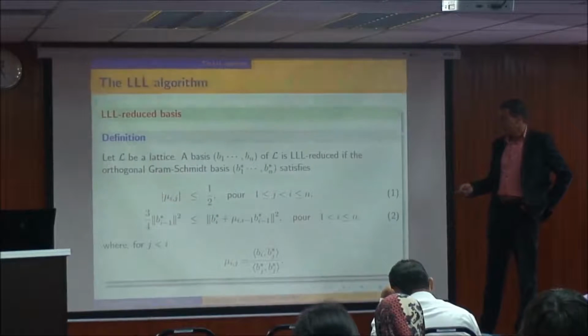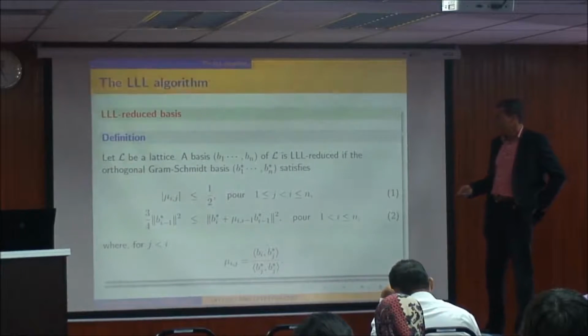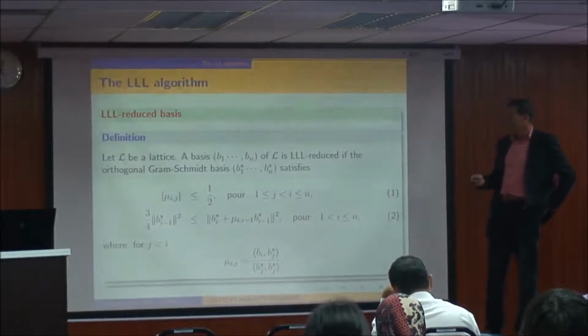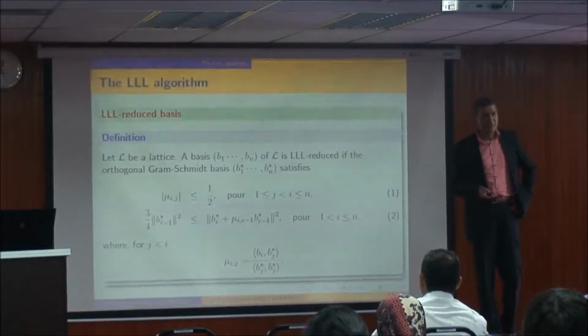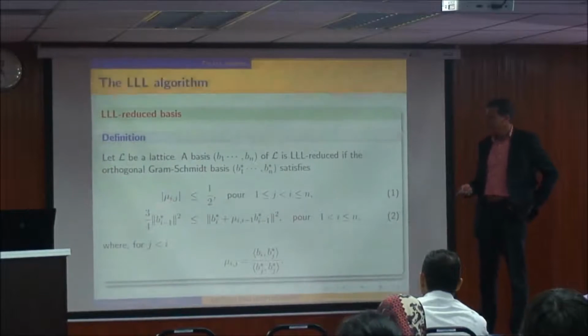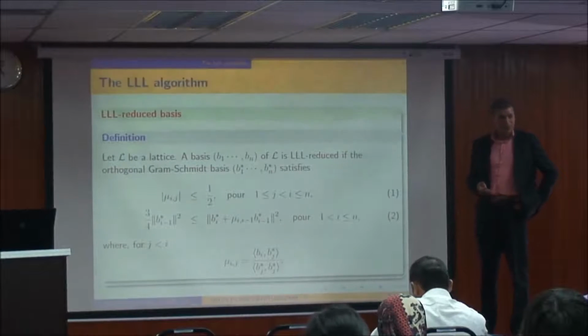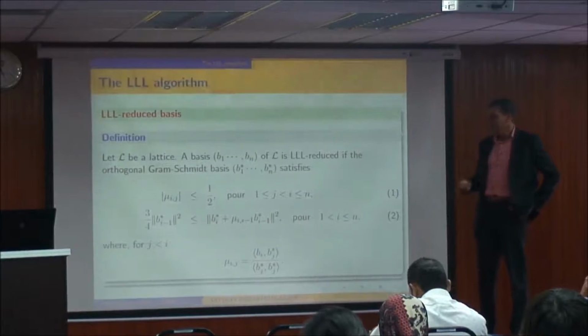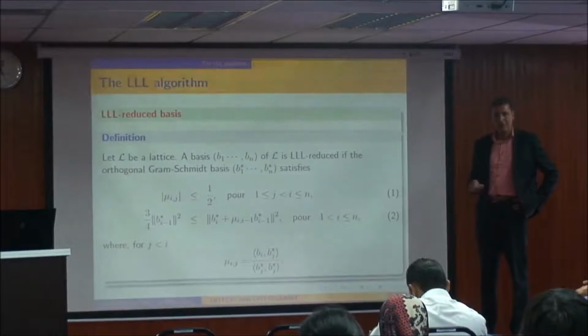So the first condition is for orthogonality, and the second condition is for the norm of the vectors. A good LLL reduced basis is a basis which is almost orthogonal, and where the norms of the vectors are short.